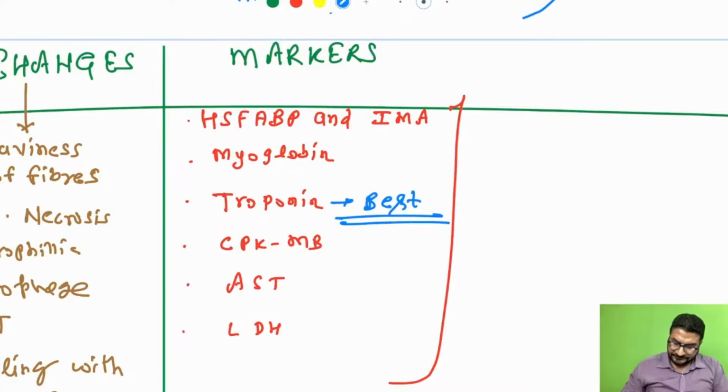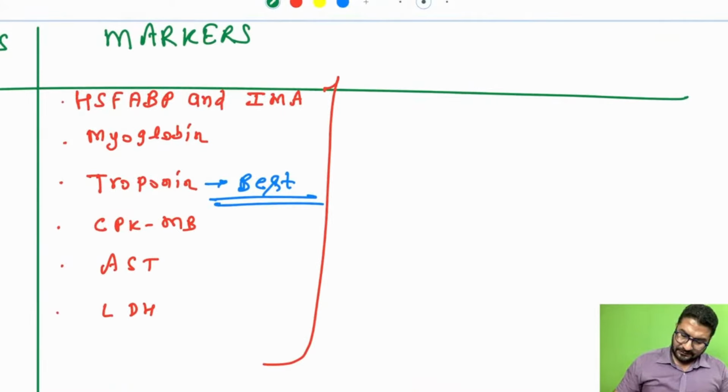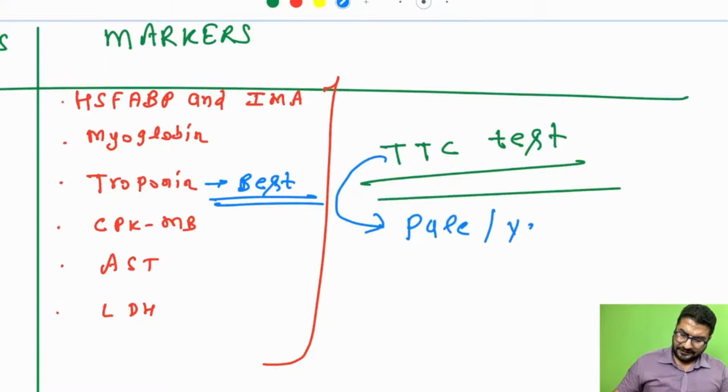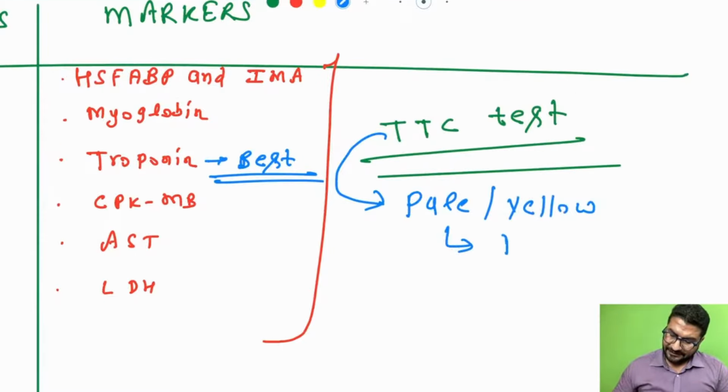Okay, now look at this. Then they ask you a question from MI on the TTC test, the triphenyl tetrazolium chloride test. Understand, this is a test where you will see a pale or yellow color area. This is the area having ischemia, so this is the ischemic area.